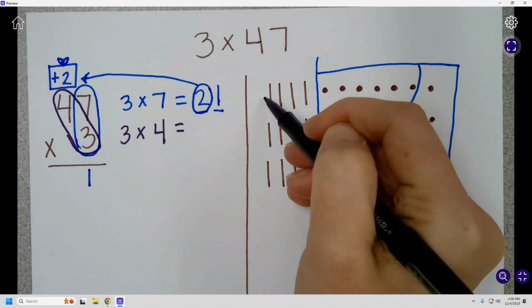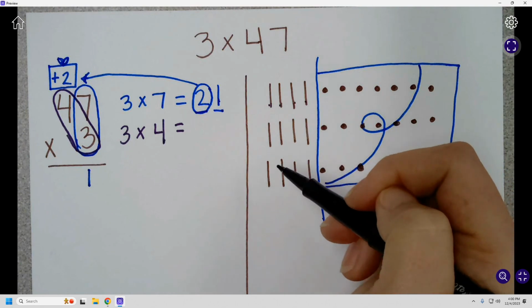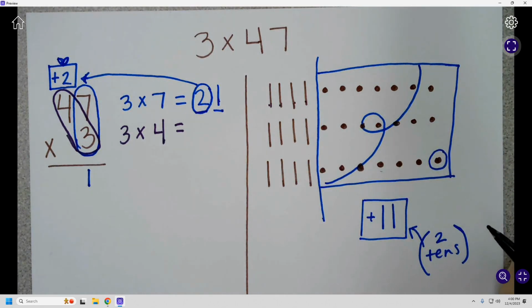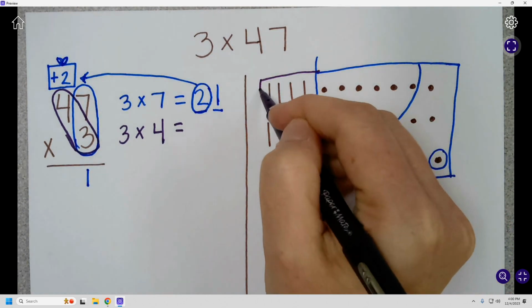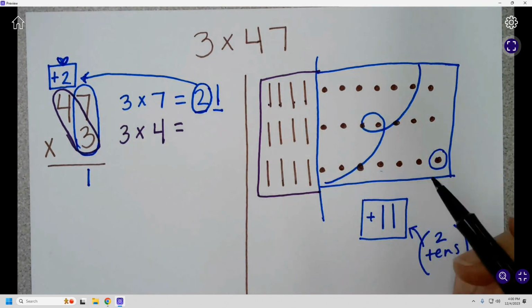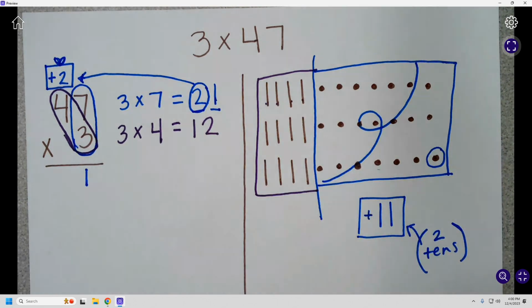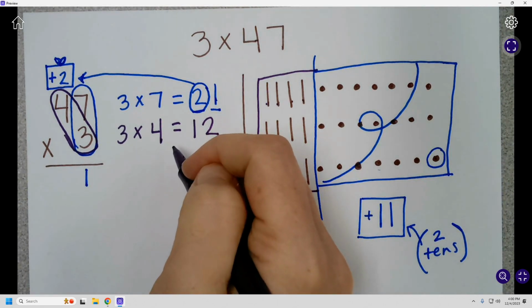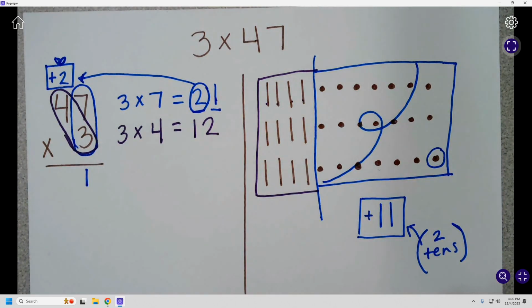This is 3 groups of 4 tens. You can see that here as well. There's 4 tens in each of these 3 rows. So 3 times 4, if I counted all these up in this array, equals 12 total tens. So this 3 times 4 equals 12, but I'm not done completely. I'm only done multiplying. I finished multiplying. Yay, I get to open my present.